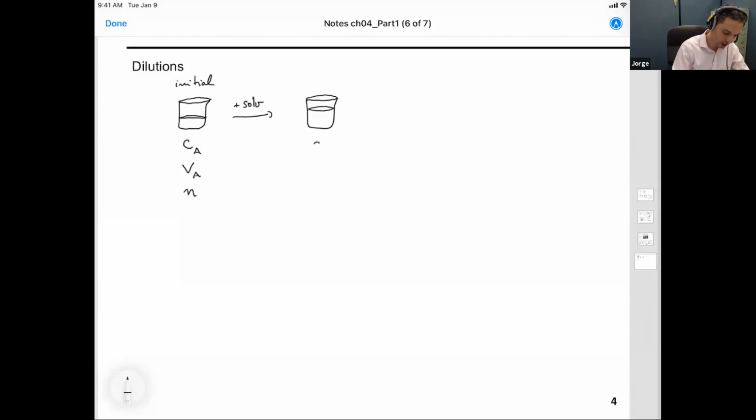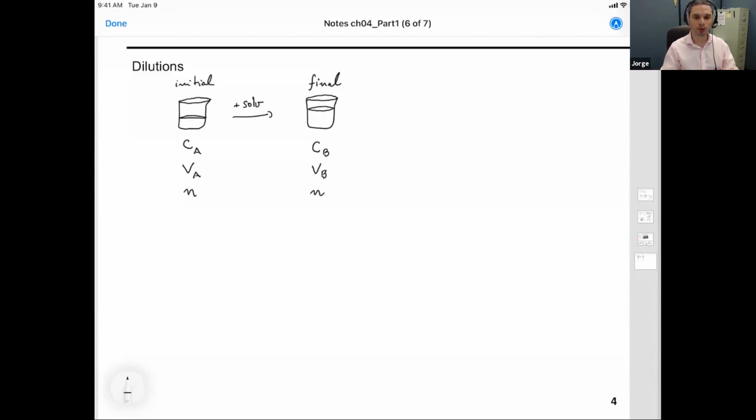And at this point, I'm going to call it final solution. And the final solution has a concentration Cb, a different volume that I'm calling Vb, and the amount of compound that I'm going to call N. Every time you dilute, you start from a small volume and go to a larger volume.